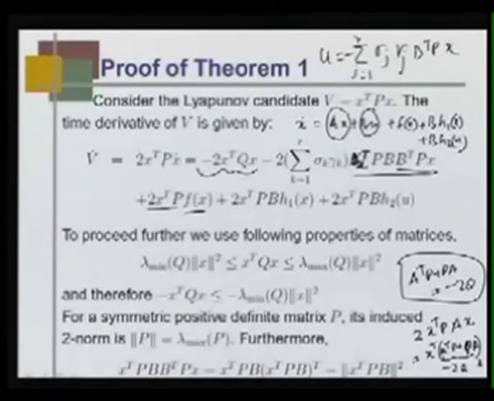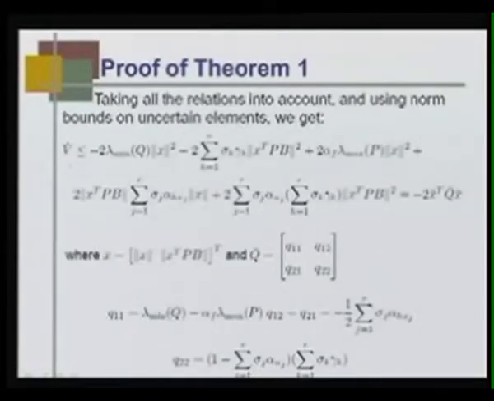So V dot is less than minus 2 lambda min q x norm square, plus the norm bound of the second term, the norm bound of the third term, the norm bound of the fourth term, and the norm bound of the fifth term. We have 5 terms.